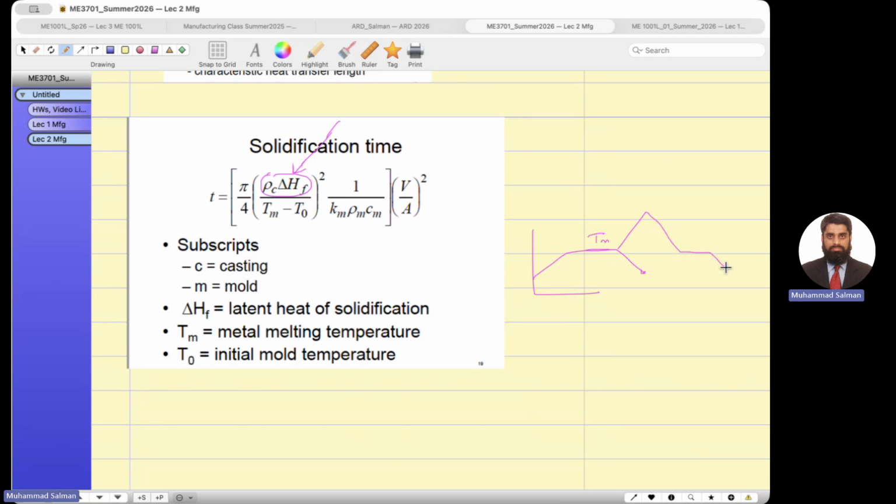So what will happen here? This is what we call C delta T. So let me write it down. You have to add this: rho delta H_f plus C_p delta T. So let me show you the next slide here. Yes, of superheating.